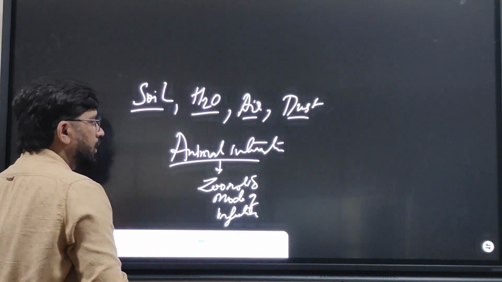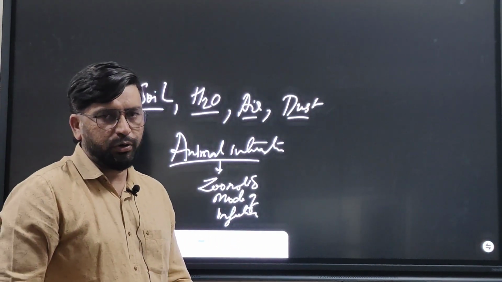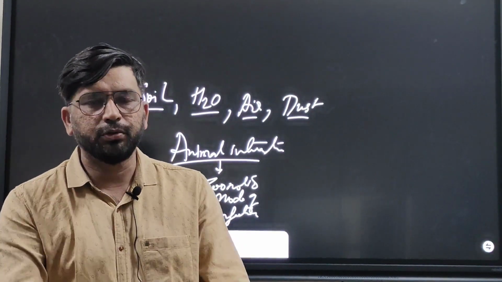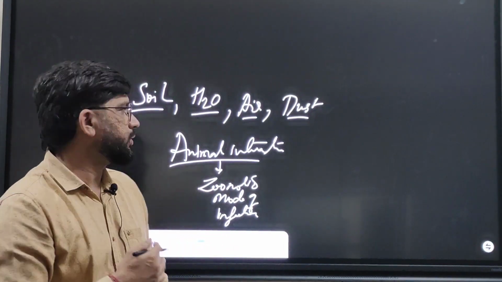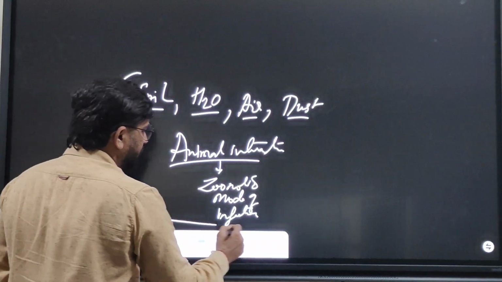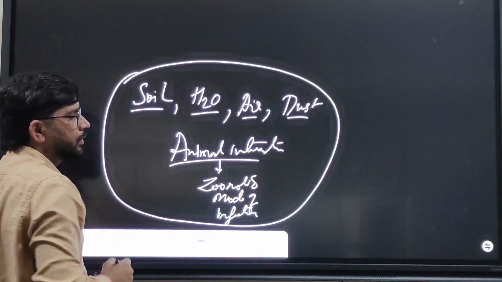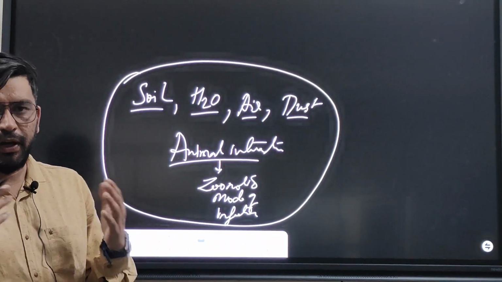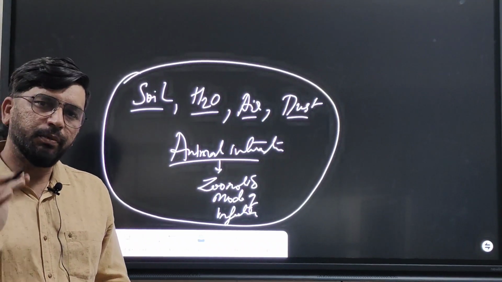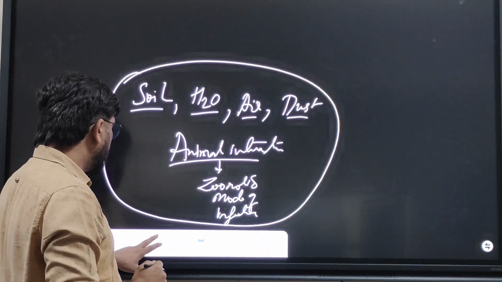Zoonotic mode of infection means if you have a pet at home, and from there the zoonotic infection is transferred to humans. So these are some of the major sources of food contamination from where the pathogenic microorganism can enter into your food.